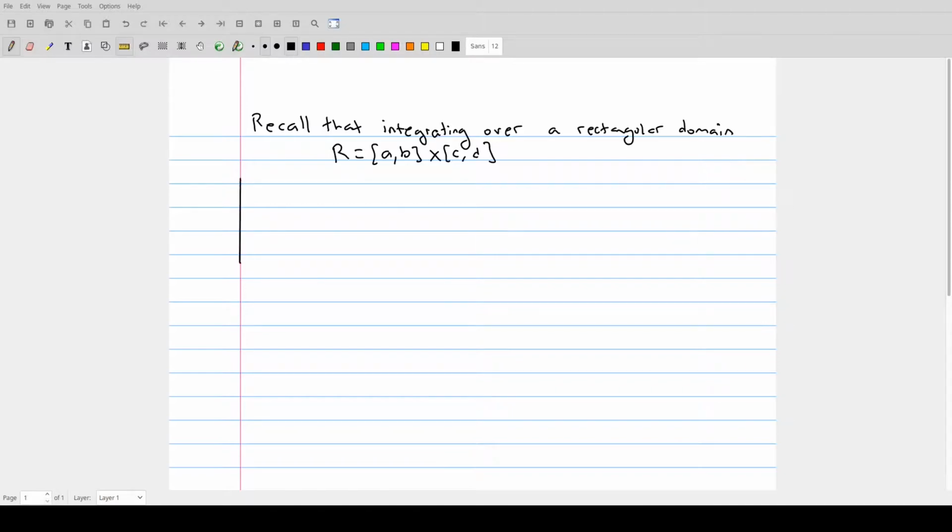If we want to draw a picture of this, we can go ahead and do that. In general, this is our x-axis and our y-axis. Our domain, if x goes from A to B and y goes from C to D, is going to look like this.